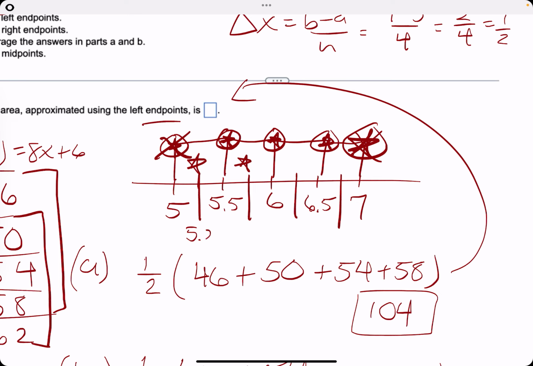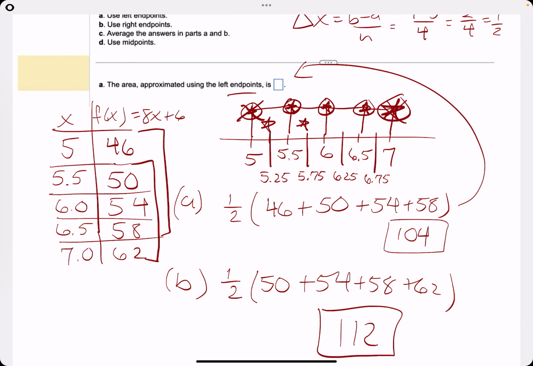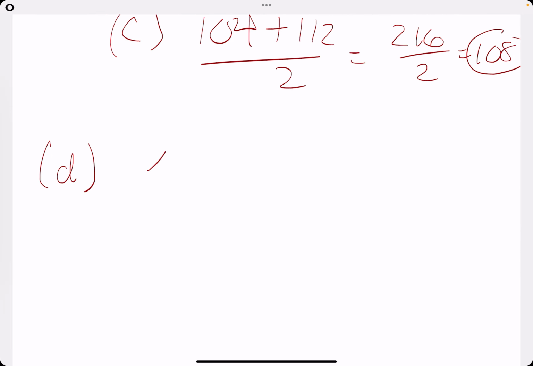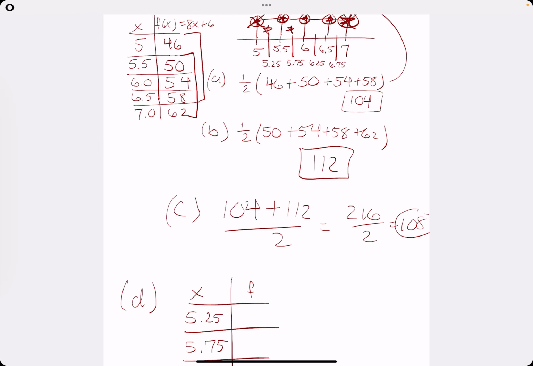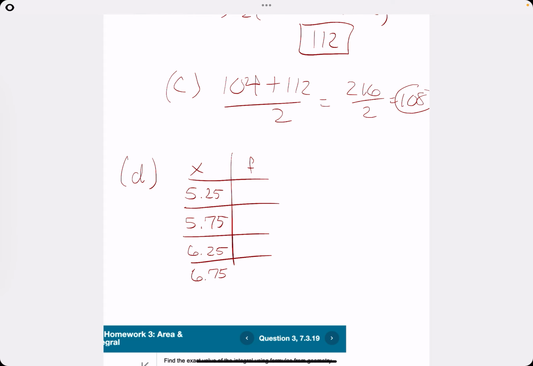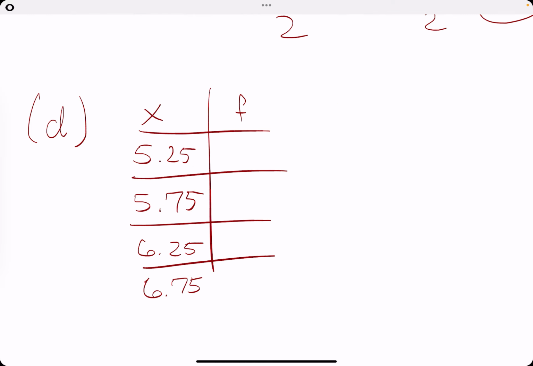Let's plug these into 8x plus 6, our function, starting with 48. Picking up on a pattern here, it's also going up by 4 each time. So if we keep going up, we get 52, 56, and then 60.